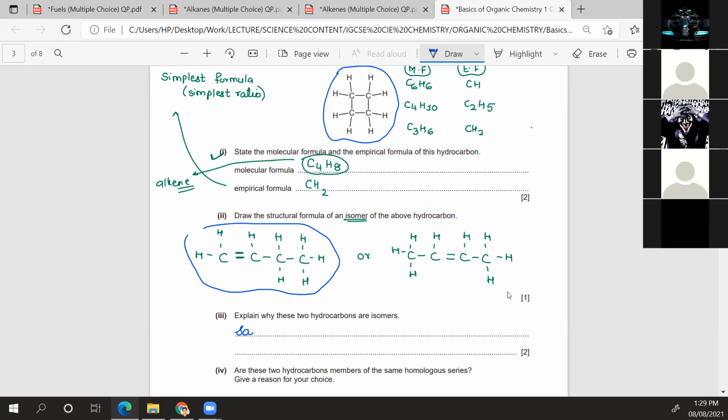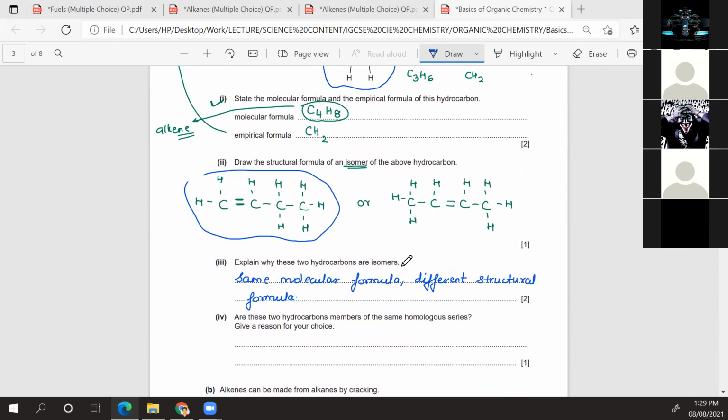Because they have the same molecular formula but different structural formula. Okay, same molecular formula but different structural formula.